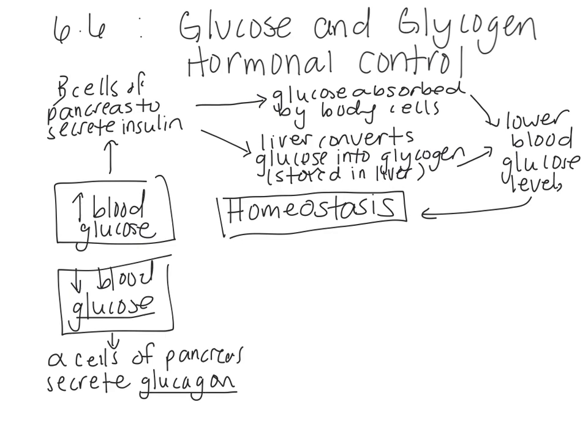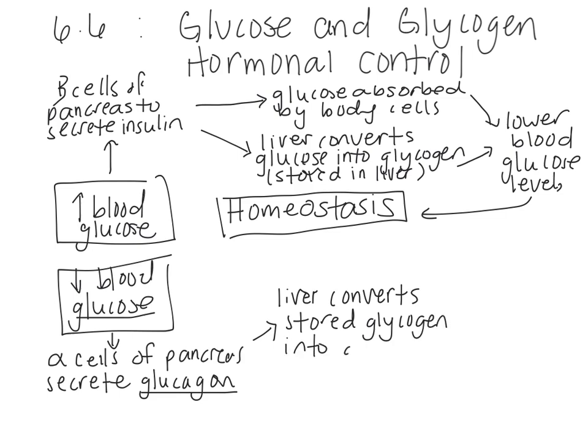Anyways, okay, that glucagon is going to tell your liver to turn some of that glycogen that it stored into glucose. Okay, so there we are catabolizing, breaking down that big glycogen molecule into individual glucose molecules.